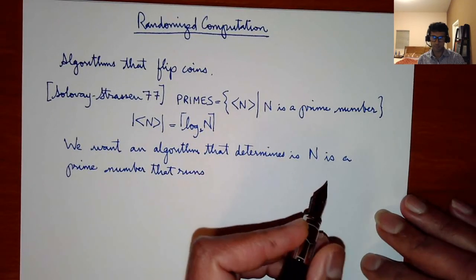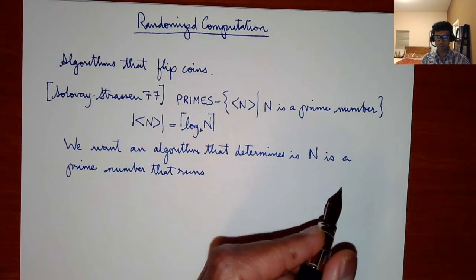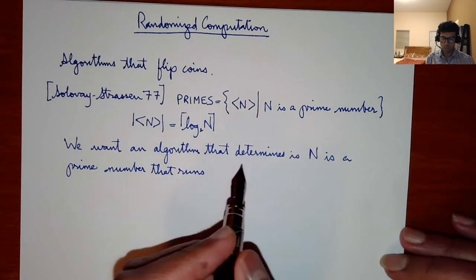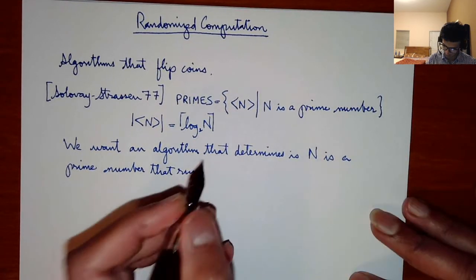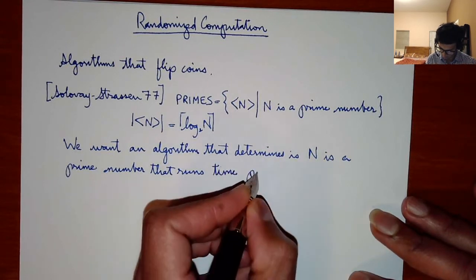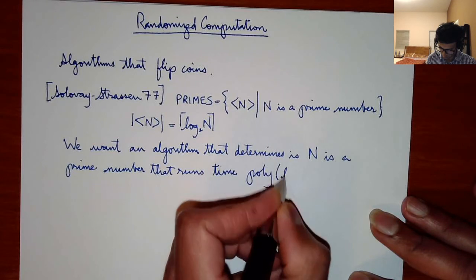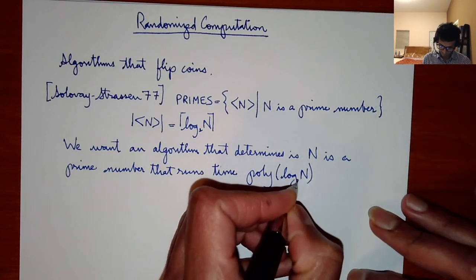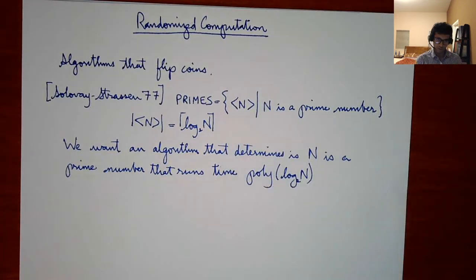A polynomial time algorithm is one that runs in time polynomial in the encoding size, which is polynomial in log n. Polynomial in log n.